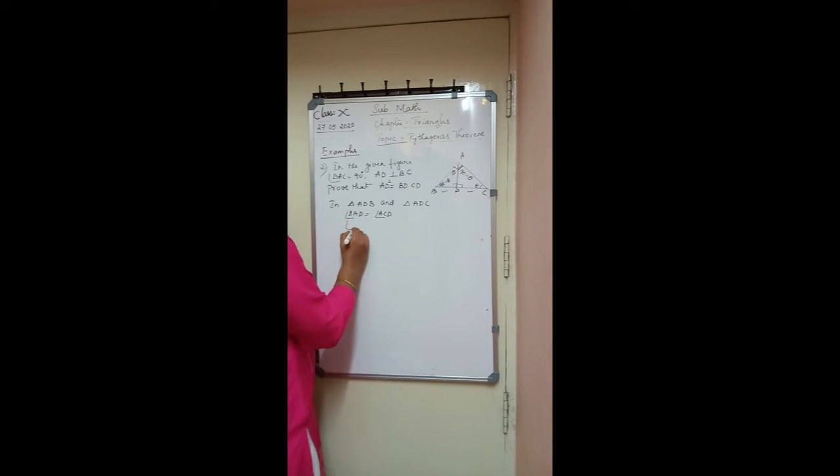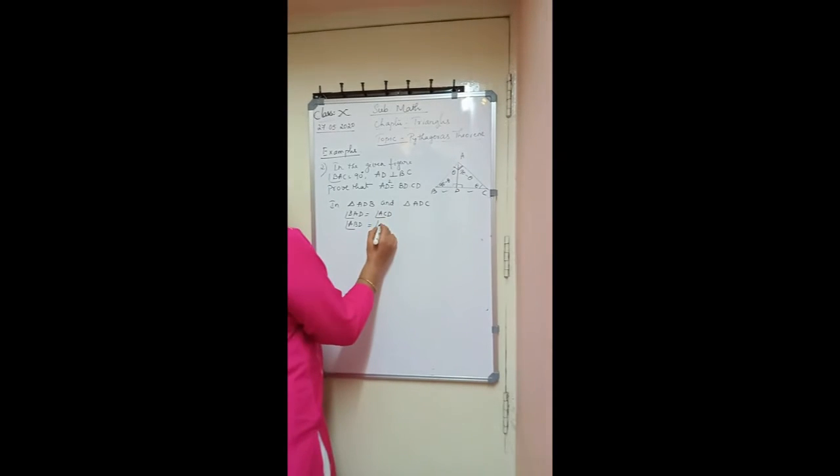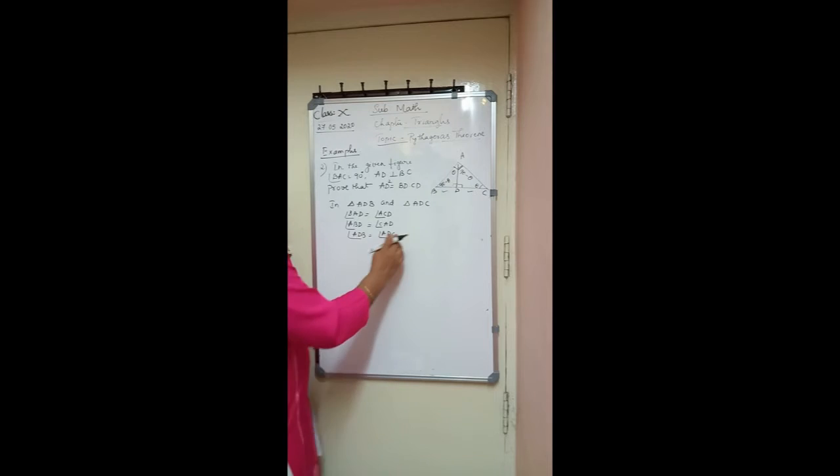Then angle ABD equals angle CAD. And this angle anyhow is 90 degrees: angle ADB equals angle ADC, which is 90 degrees. So by the AA criterion, you can say that these two triangles are similar.